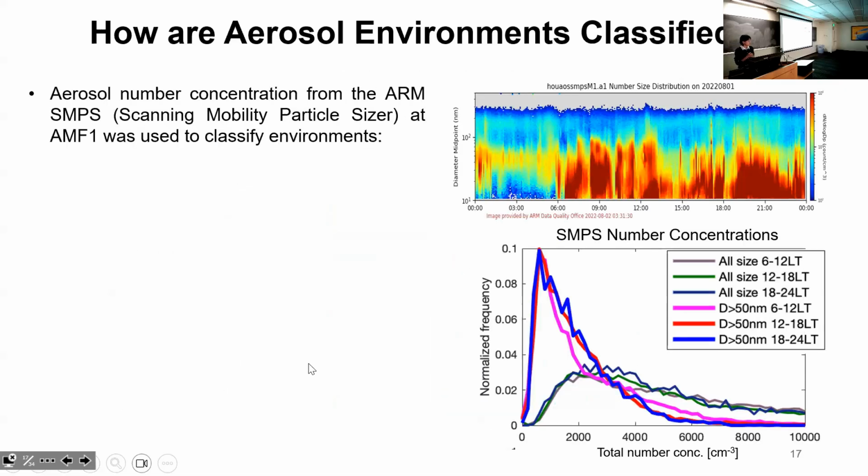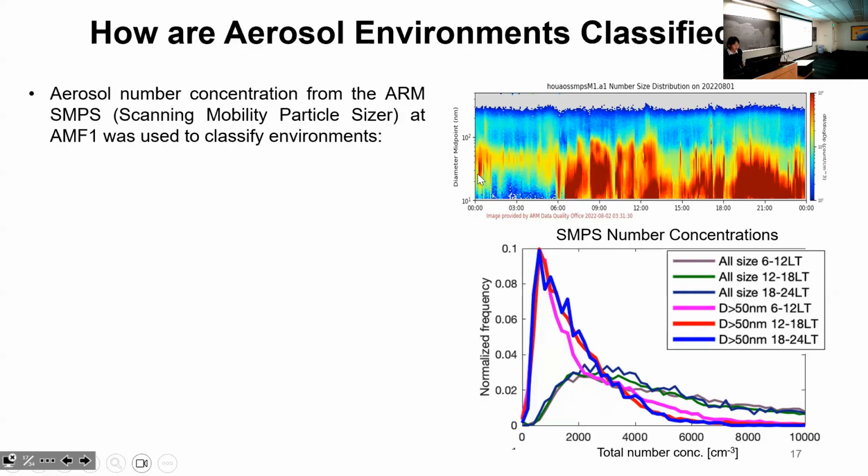Next, how the aerosol environment is classified. The aerosol number concentration from the SMPS measurement is used to classify the aerosol environment. The top right is an example plot of diameter versus time cross-section from a single day, from 0 UTC to 12 UTC.